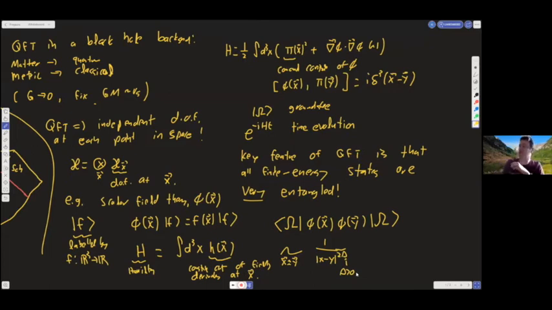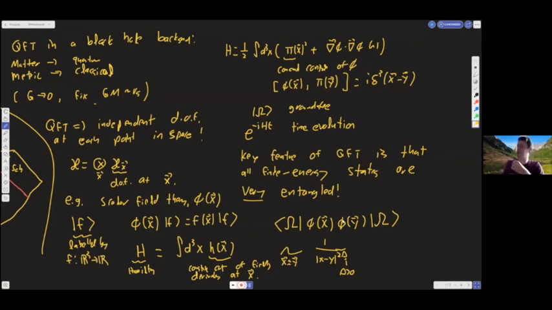And that's true even though this ground state is a pure quantum state. Since the Hilbert space has this tensor product structure, phi of x and phi of y are commuting independent operators in the Hilbert space. But even though the system is in a pure state, they're very correlated. And that's the definition of entanglement: you have two independent systems in a pure state, but there's correlation between them.